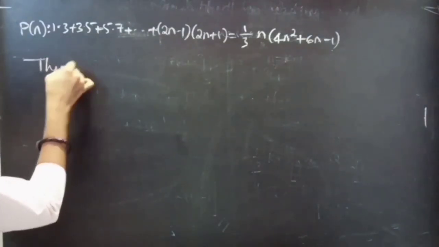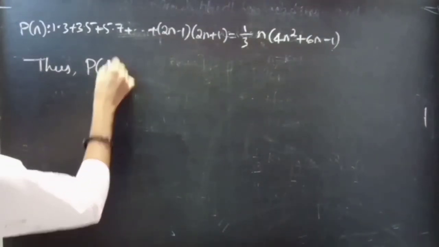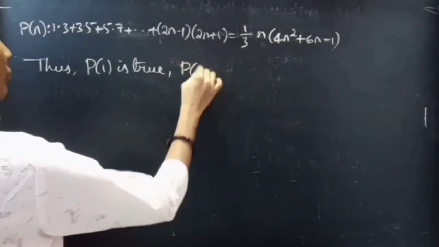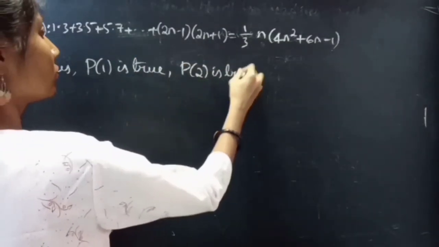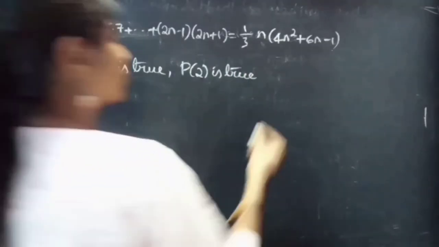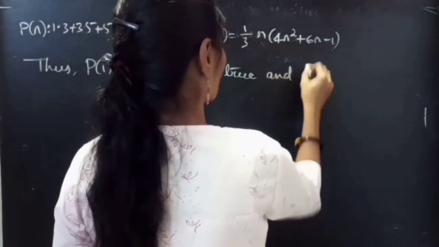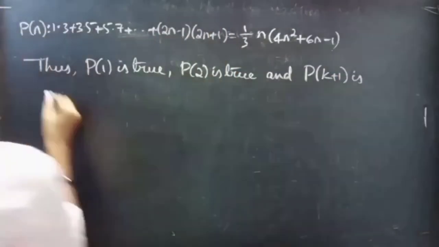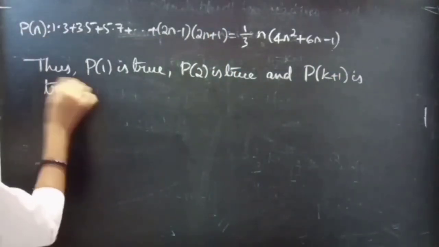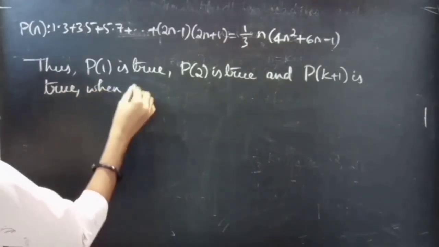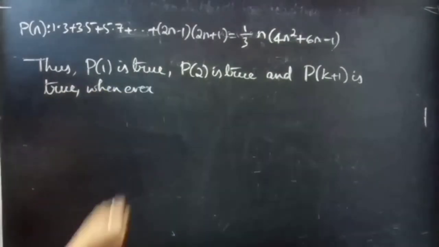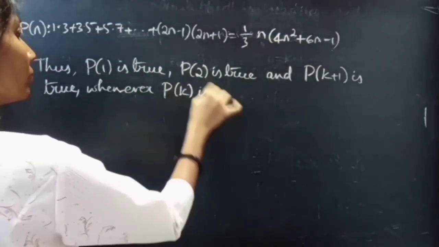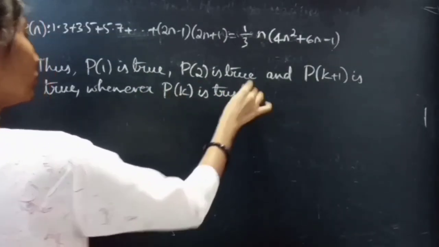Thus, P of 1 is true, P of 2 is true, and P of k plus 1 is true whenever P of k is true. Right?